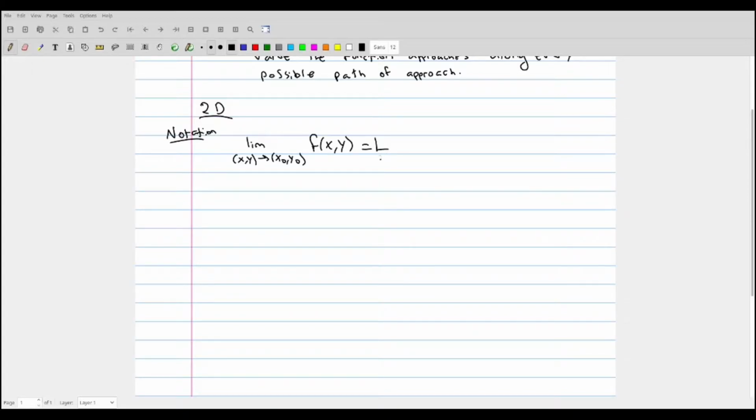If the limit does not exist, we just say that the limit does not exist, or DNE. And just like for single variable functions, the limit may or may not exist for any given multivariable function.